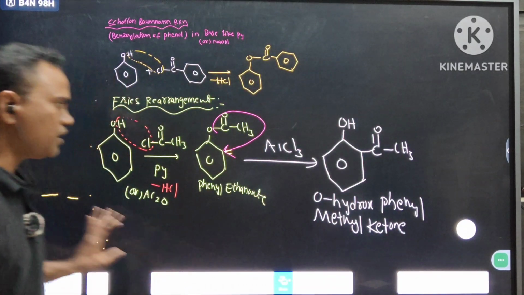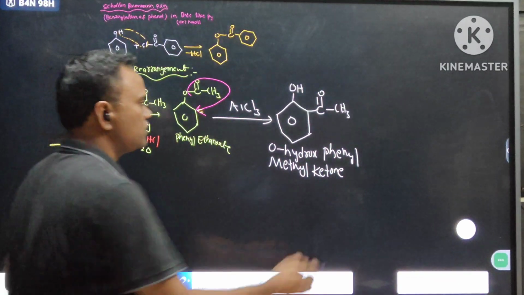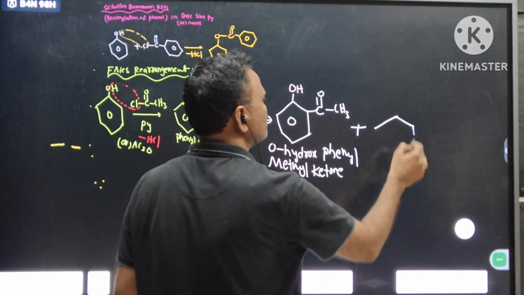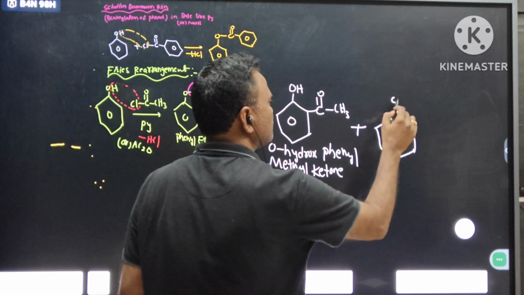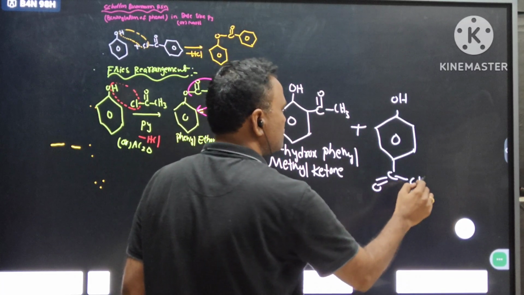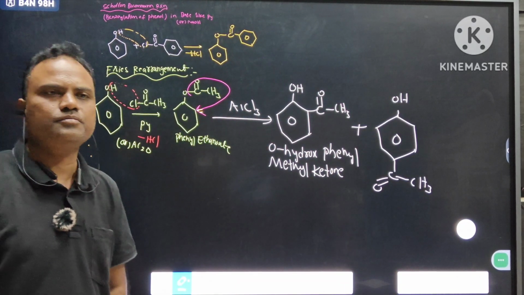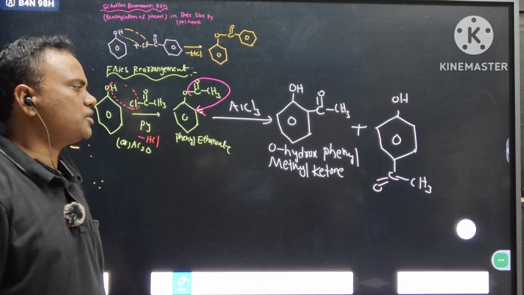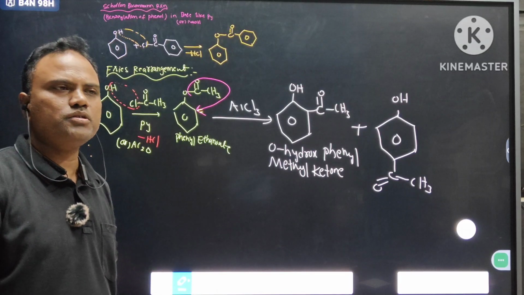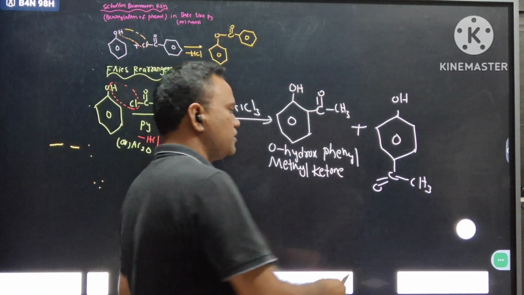Another one is para-hydroxy, which is major for region value. What is the region character?